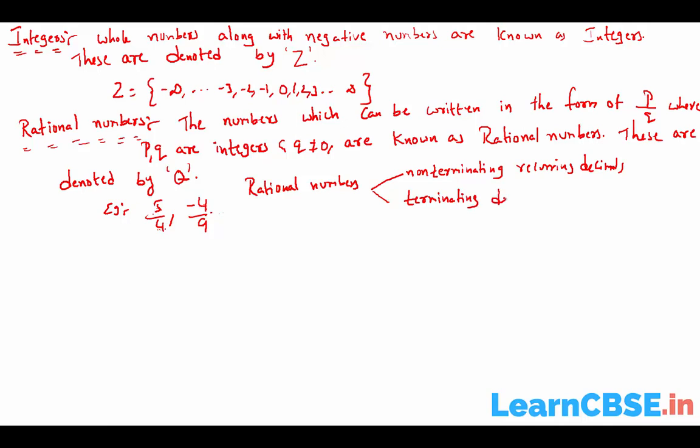Examples: 1.5, 1.57. Here 0.3 bar, where 3 is recurring, like this. So irrational numbers.